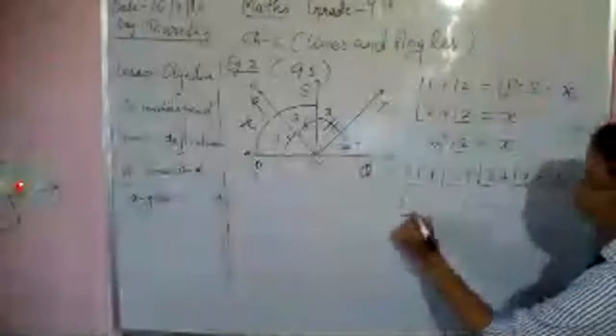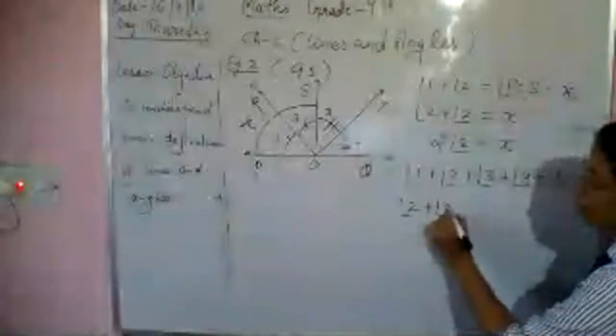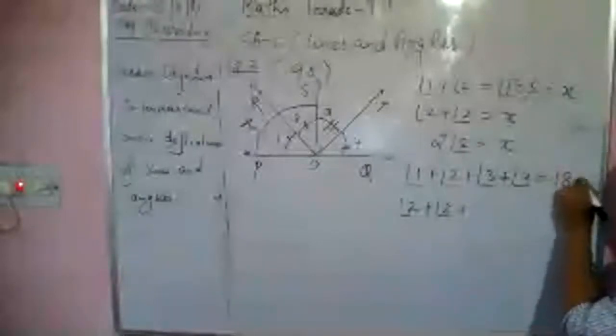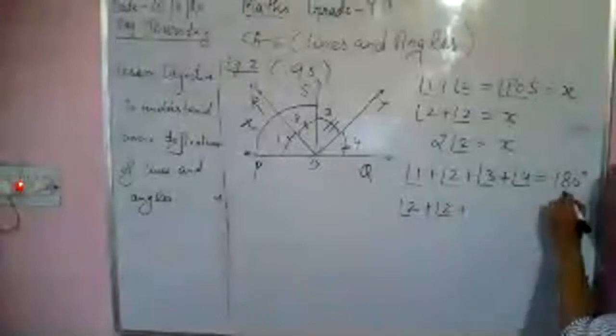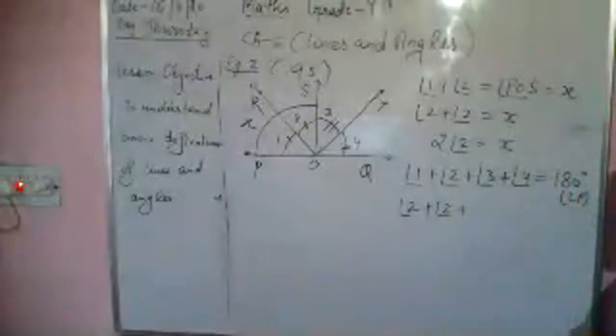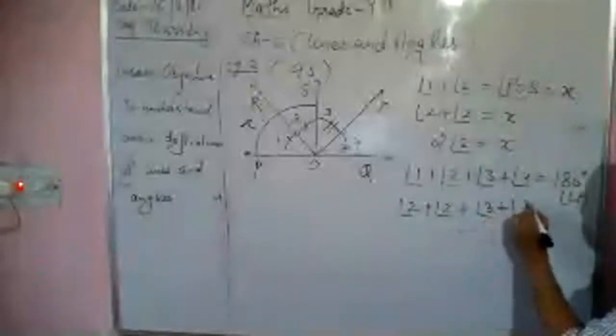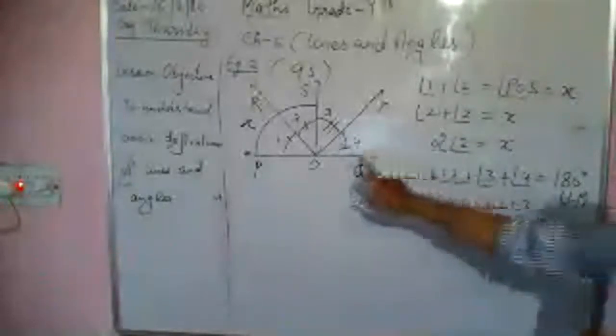So you can replace angle 1 with angle 2. You can write 2 plus 2 plus, you cannot write 360, this is 180. And why is it 180? Because it is making a linear pair. Okay, angle 2 plus angle 2 and angle 3 plus angle 3, again because 3 and 4 are equal and 1 and 2 are equal.